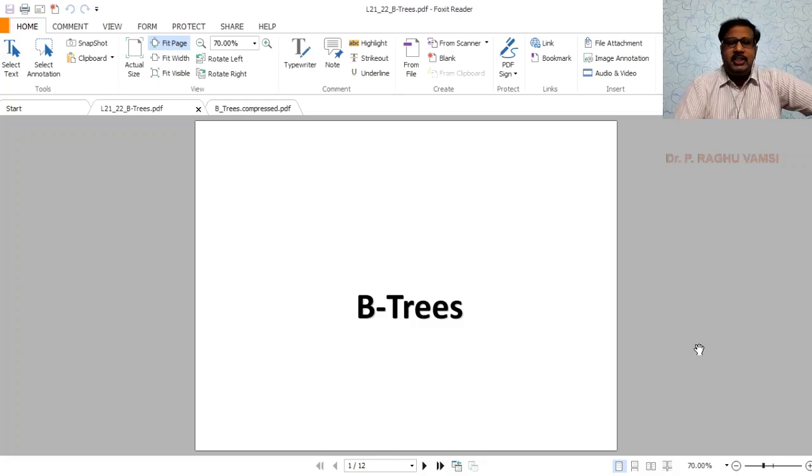So B trees and B plus trees differ from the normal trees that we have studied so far in this way: the previous trees usually are stored in the main memory, whereas B trees and B plus trees are aimed at accessing the elements via secondary storage devices. Main memory means it's a primary storage device. Okay. Secondary storage device is the hard disk and any other external disks. That is the idea of the B tree.